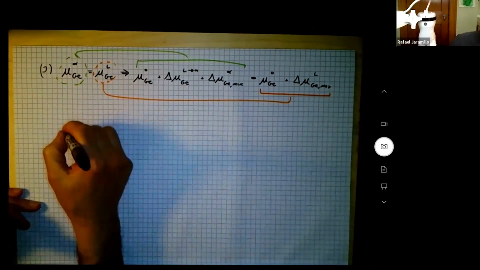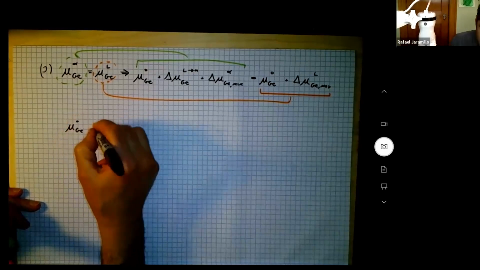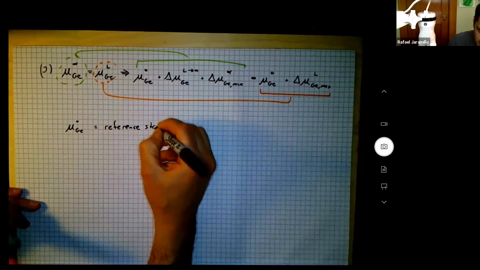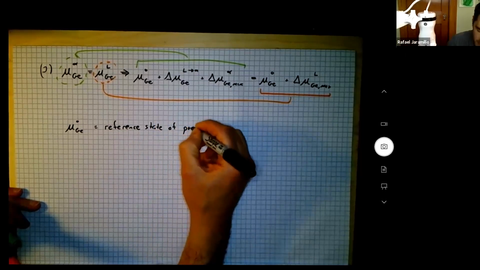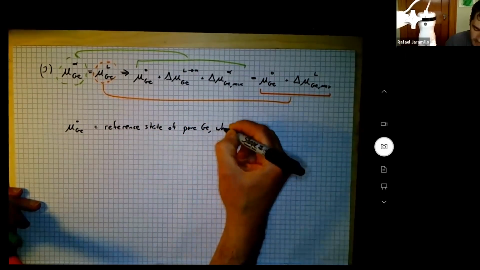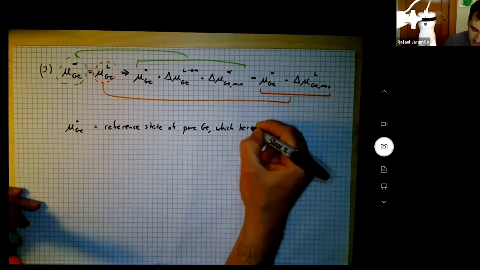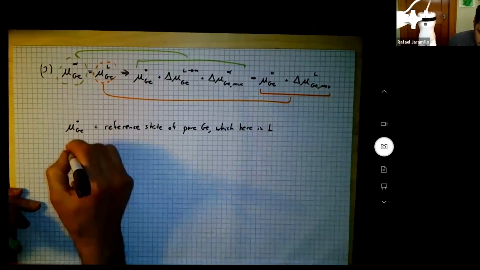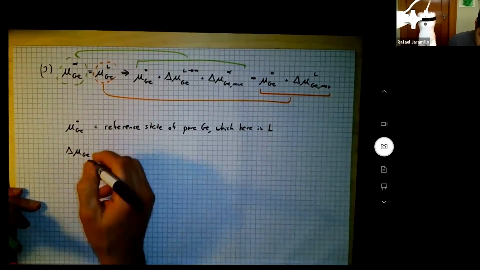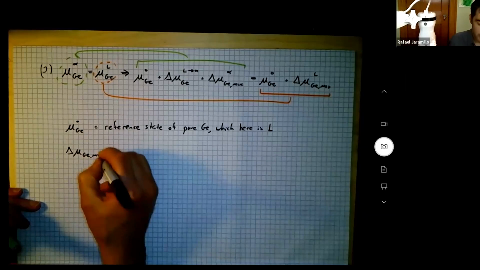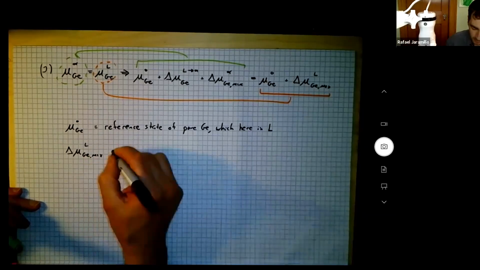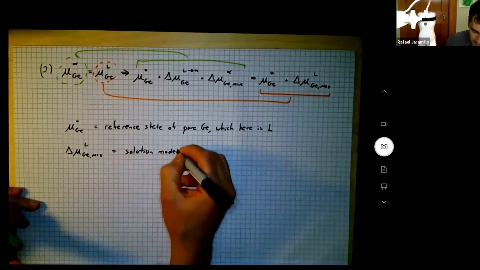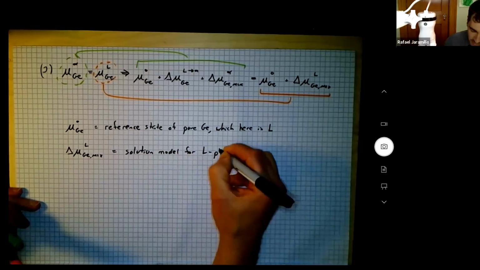So I'll be really explicit here. Mu germanium naught equals reference state of pure germanium, which here is the liquid phase. Delta mu germanium mix in the liquid comes from the solution model for liquid phase solution.